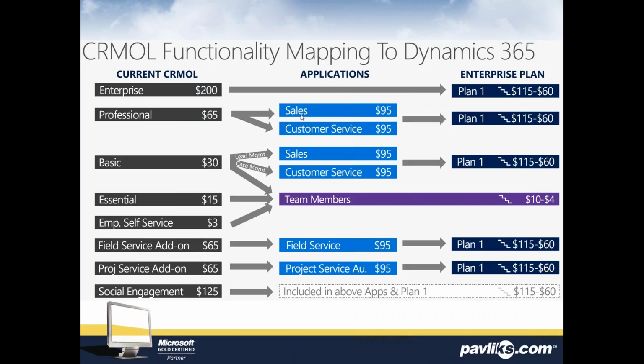There is a transition SKU that you can move into on your renewal date. We'll get you all the pricing. It is a little bit more than what you're paying now, but much less than the plan. You sit on that for 3 years, and at the end of that 3-year term, we're into whatever the current pricing is at that point in time.